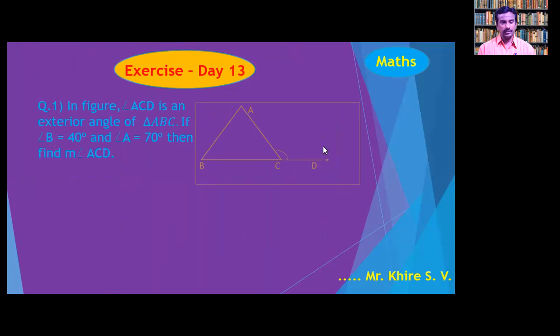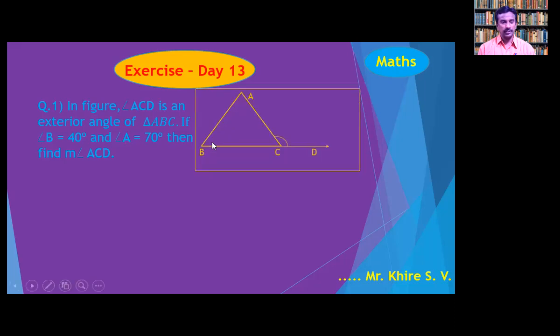If angle B is 40 degrees and angle A is 70 degrees, then find the measure of angle ACD. You have to find this angle.